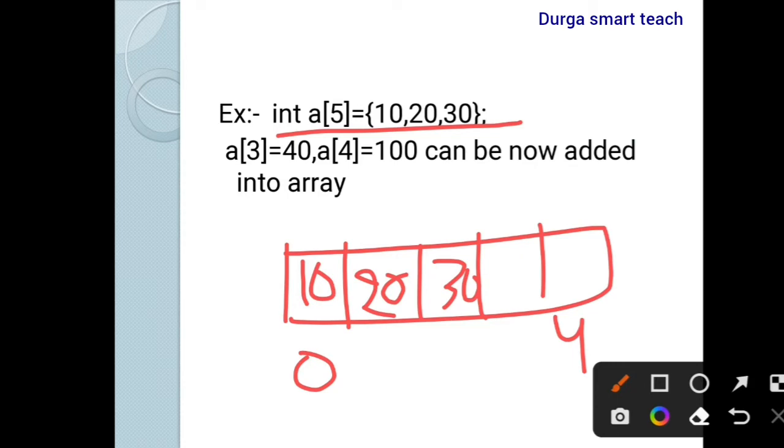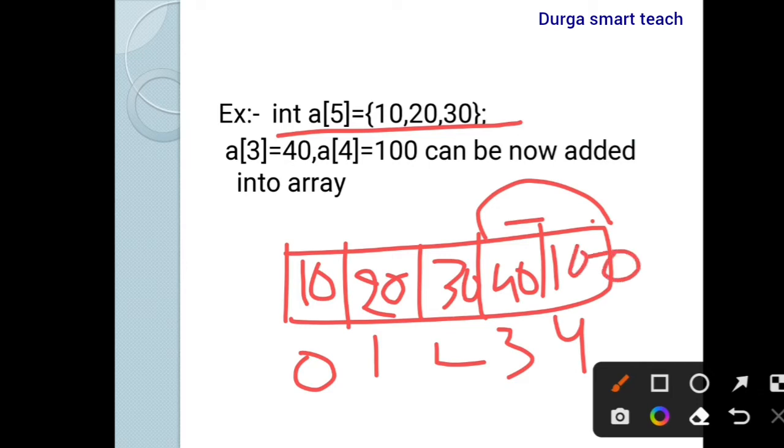Then a of 3 is equal to 40, and a of 4 is equal to 100 can now be added into the array. This is very simple because these two memory locations are empty, so you can easily enter 40 and 100 here. That is the end of the array.